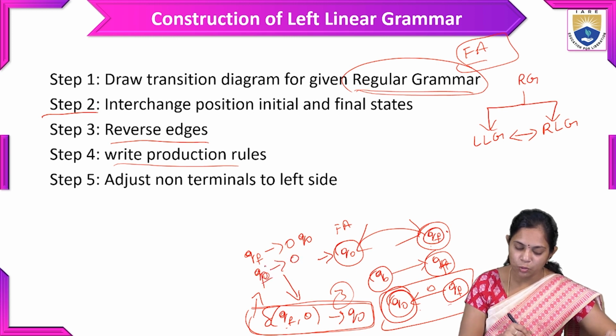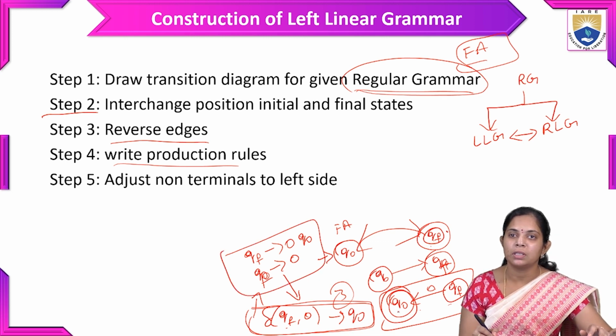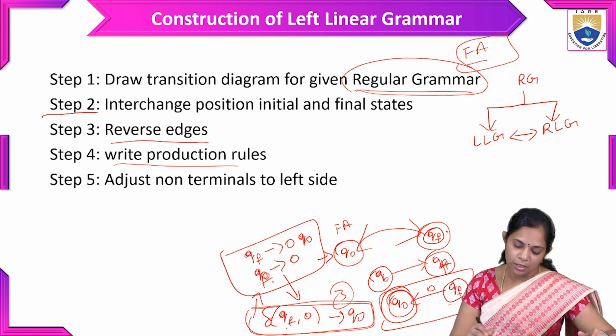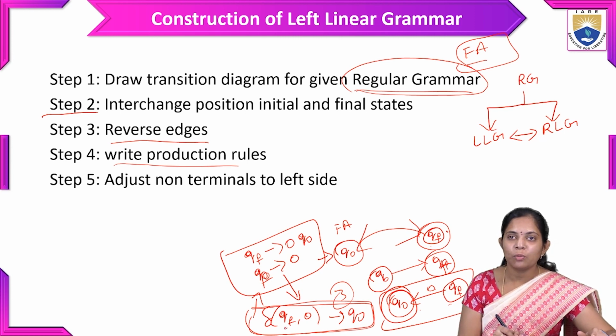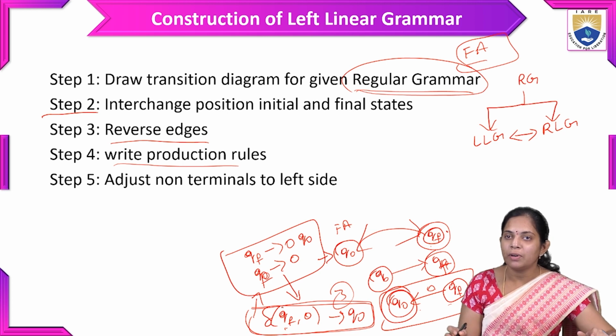We have to write the two productions for the final state, for the transitions involving the final state. These were already discussed in the previous videos on the conversion from a finite automata to a regular grammar. In that video, we discussed how to form production rules from the given transition functions.